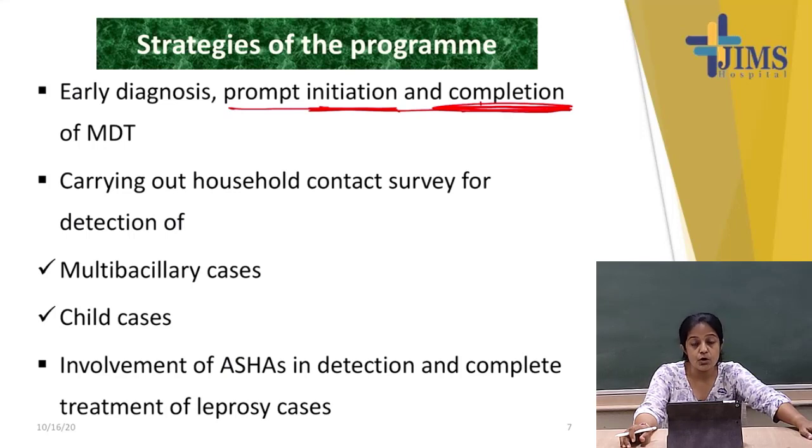Carrying out household contact survey. This is carried out by our frontline health workers, and one ASHA is given the responsibility of 1000 houses. The ASHA goes for a patch survey.